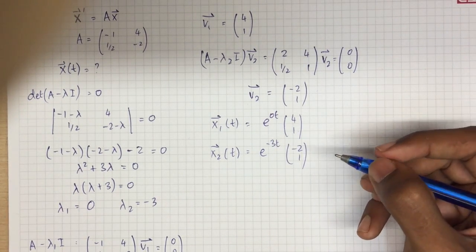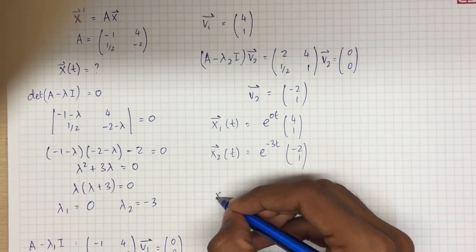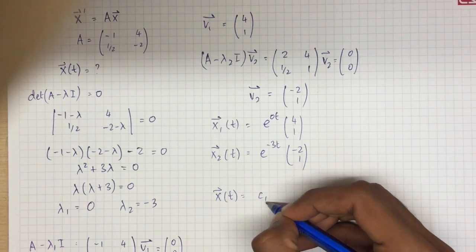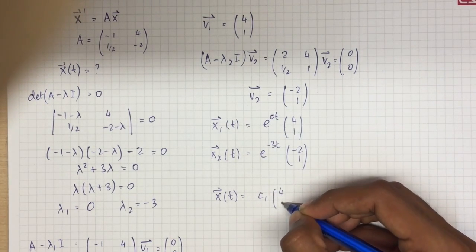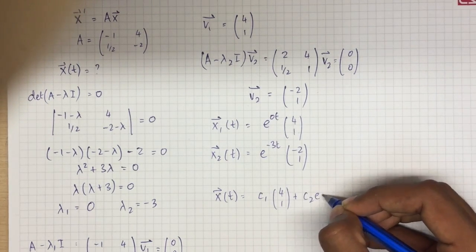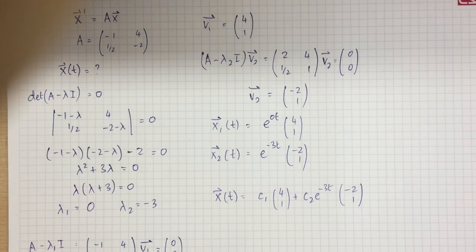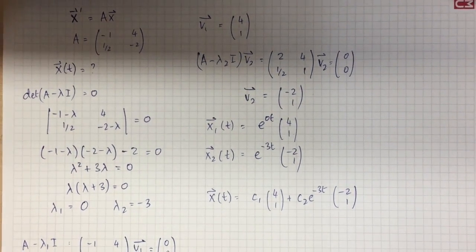My final solution to the differential equation, x of t, is just a linear combination of these: c1 times (4, 1) plus c2 e to the -3t times (-2, 1). So this is the final answer for the differential equation.